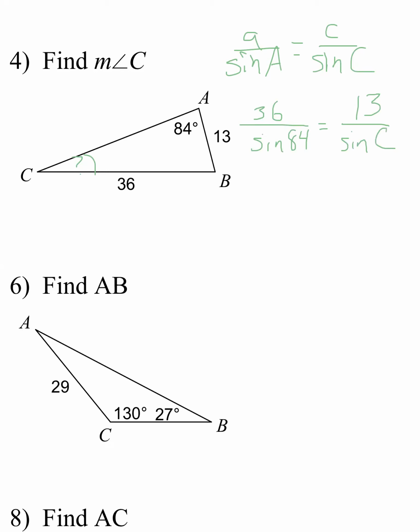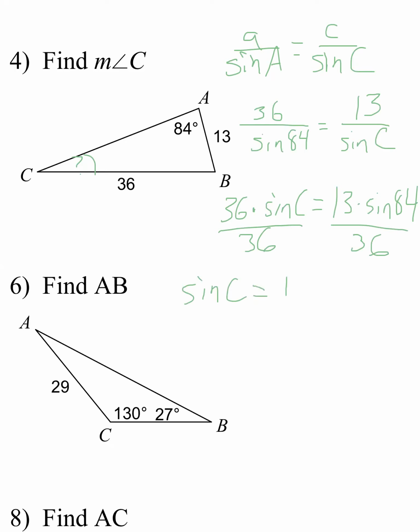So let's cross multiply. I'll have 36 times sine C equals 13 times sine of 84. Divide both sides by 36. So now sine of C is equal to 13 times sine of 84 over 36. So I am ready for the calculator.